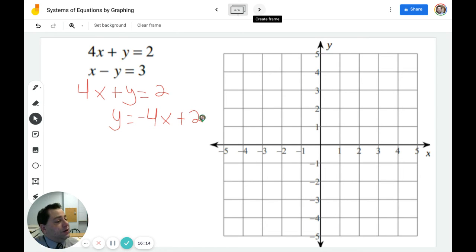Well, that's nice because I don't have to do anything else to that. So now if we try to graph this line, we have a +2 y-intercept. And I have a -4/1 slope. So it's going to be up 4 to the left 1.